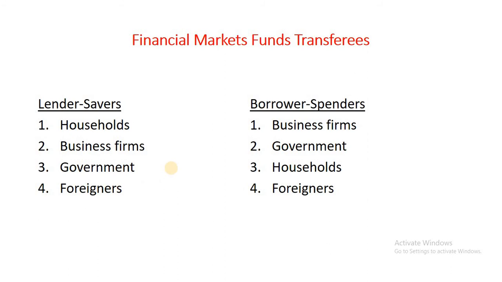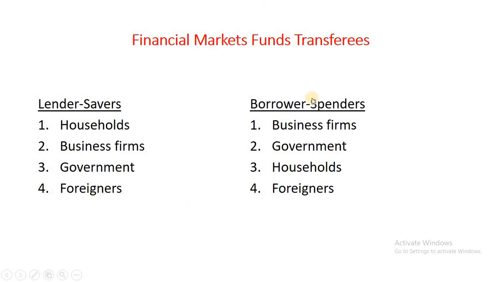Now let's look at who are the lenders and borrowers in financial markets. If you look at the lender saver side, you'll find that households are the main savers in the financial market, and then business firms, then governments and foreigners also work as savers or lenders in the economy.